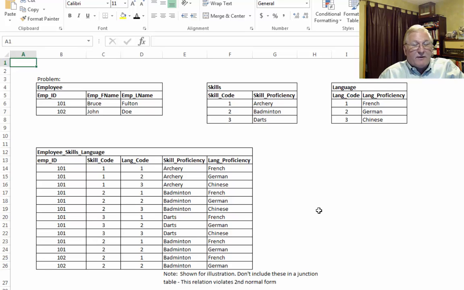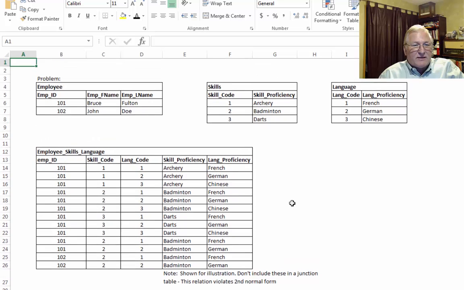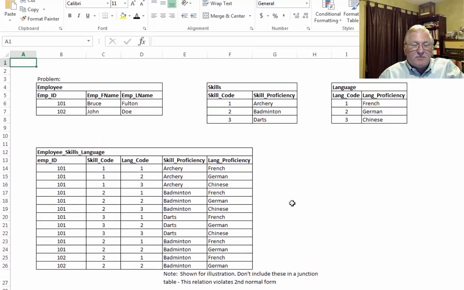Now, if this were actually a junction table, we'd have other problems here, because we have these descriptors in here that are not dependent on the primary key. And as you know, if we would have a multi-attribute key here, or a compound key, then including these would violate second normal form. So you wouldn't want to do this anyway. But I think this is the idea that's being set up here with this example.